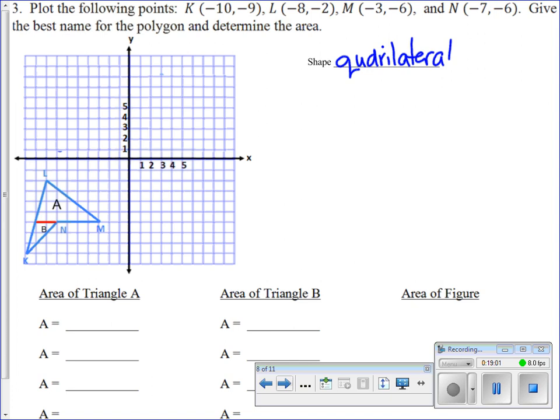So I kind of already put the answer on there. How to separate that? So if we draw that red line, that creates 2 triangles. Can I find the base and the height of both of those triangles, A and B?